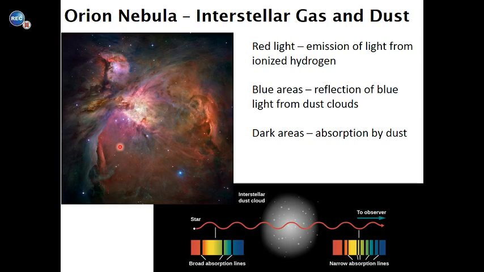This is a very small portion of the Orion Nebula. Above is the belt, and then the sword hangs down, and this region in here makes up like one star in that constellation.